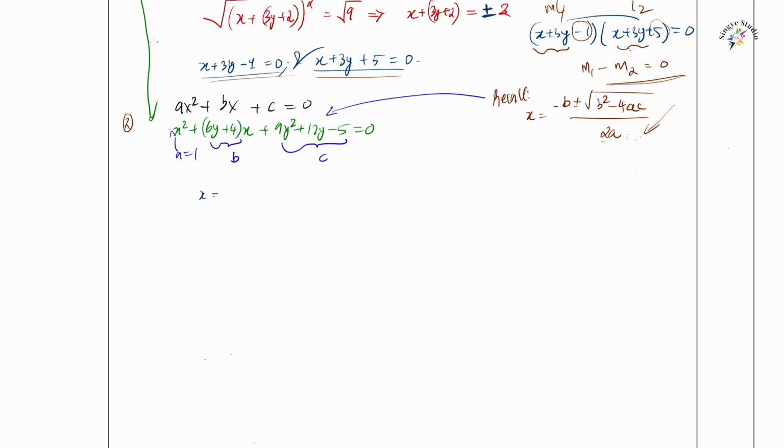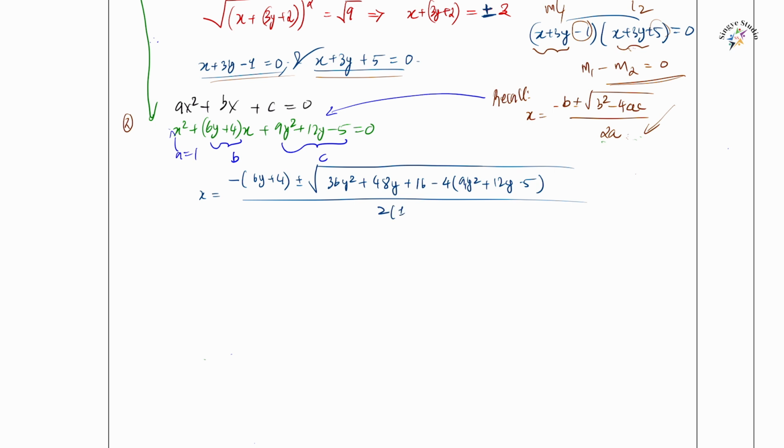So our answer will be just like this. x equals to negative of this b, right? So negative (6y plus 4) plus or minus the square root of b squared, which means we have to square this, so we will get 36y squared plus 6 times 4 is 24, and then we have to also multiply by 2, so we get 48y, plus 4 squared is 16, minus 4 times a, where the a value is 1, so you can directly multiply like this, 9y squared plus 12y minus 5, divided by 2 times a, where a is 1, right?